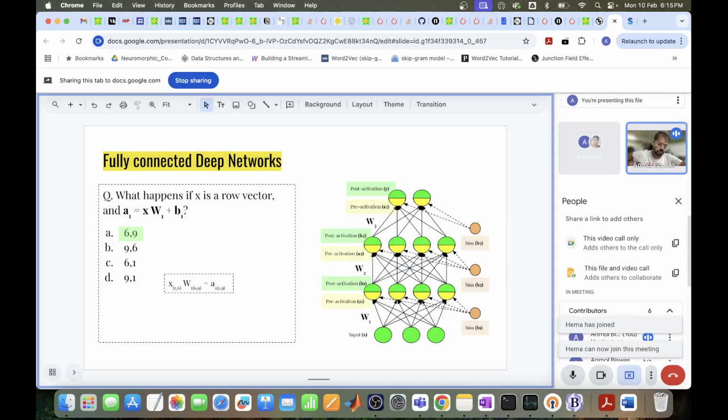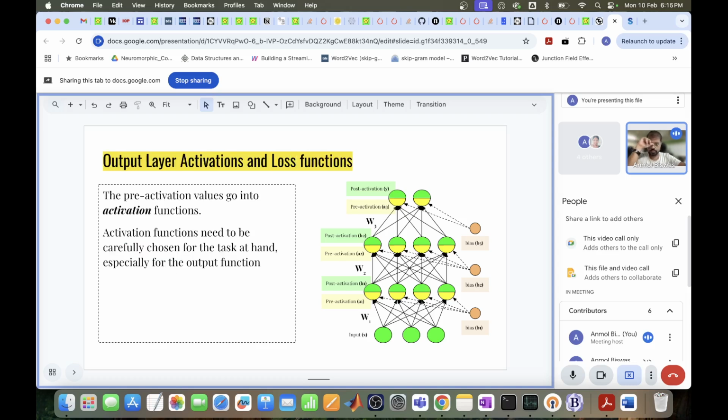You can just write x times w, where x and a are row vectors, so that becomes 1 comma 6, multiplied by 6 comma 9, and you get 1 comma 9, which is a row vector with 9 values, which is what you want.